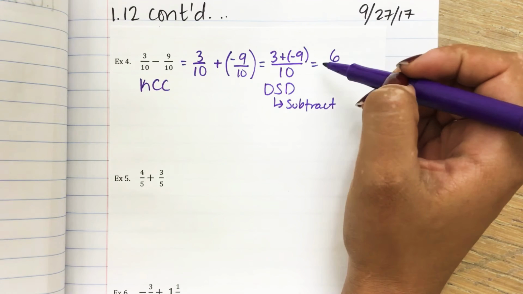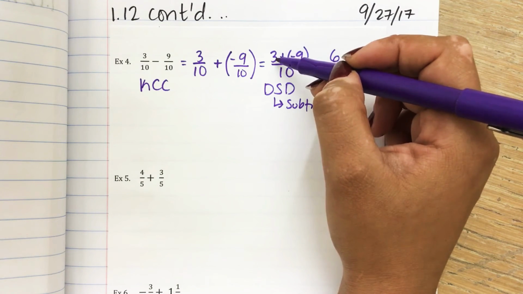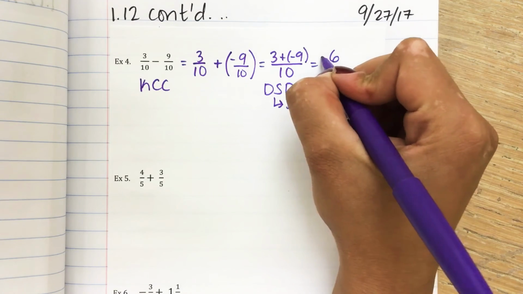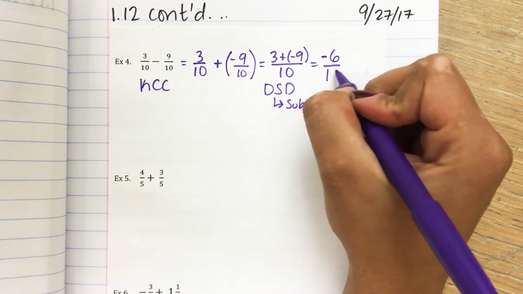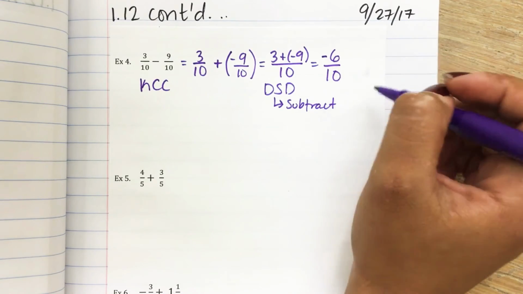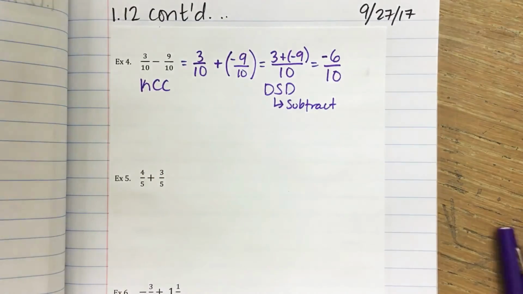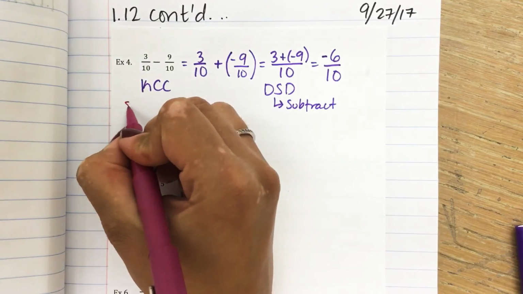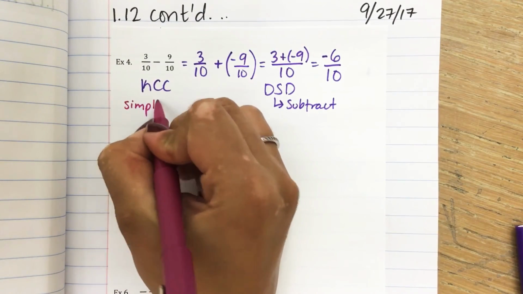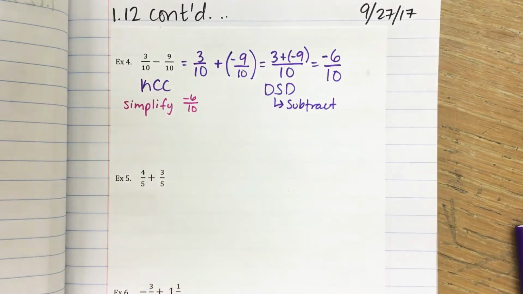However, the absolute value of 9 is greater than the absolute value of 3, so my answer is going to be negative 6 over 10. However, these two numbers have something in common, so we need to simplify. I'm going to do the simplifying process in a different color. So we need to simplify negative 6/10.